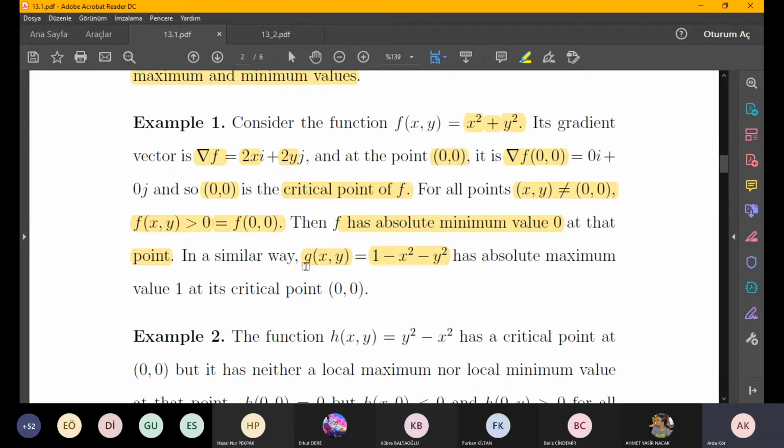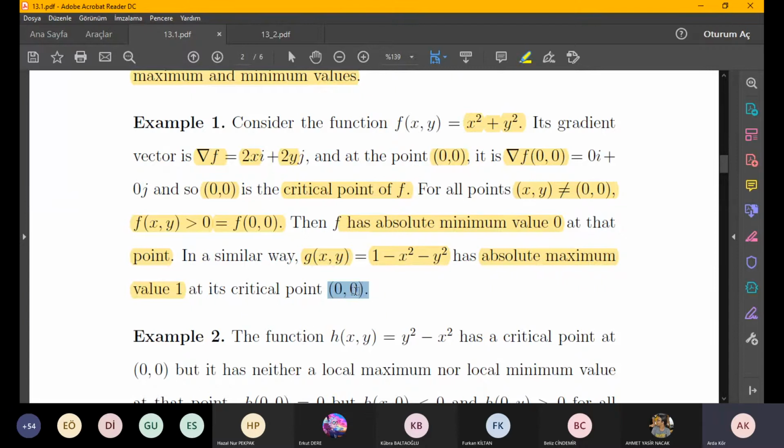So that means the function g has absolute maximum value 1 at the critical point, which is the origin.